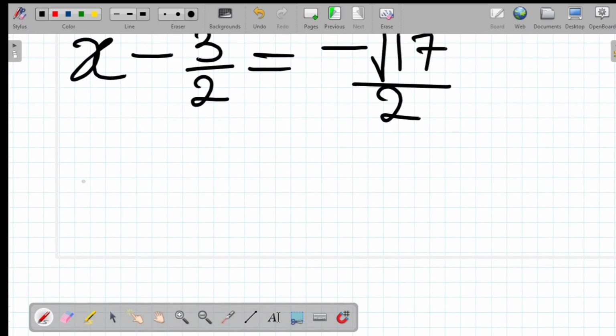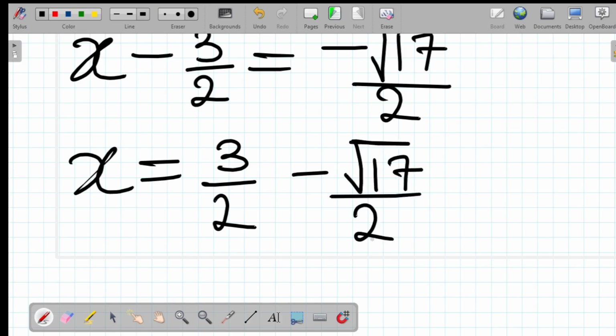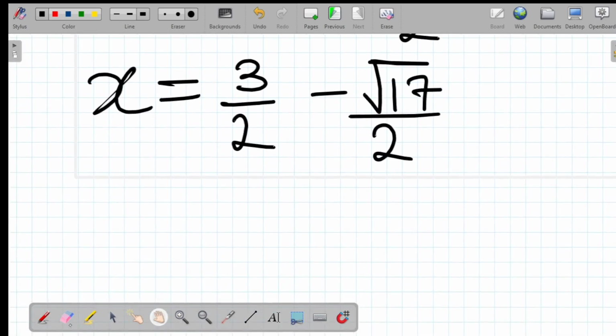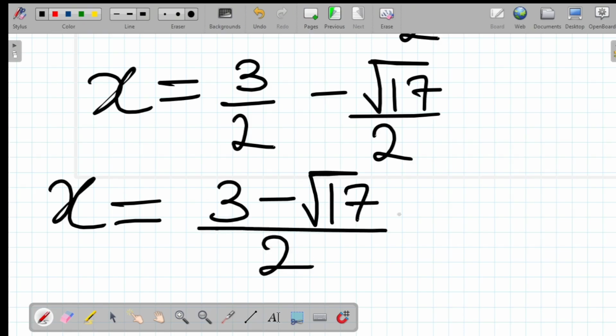So now let's make x the subject of the formula. x is equal to, if you move negative 3 all over 2 to the right hand side, it becomes positive 3 all over 2, and then minus square root of 17 all over 2. So therefore, x is equal to 3 minus square root of 17 all over 2. So this is the answer for the negative.